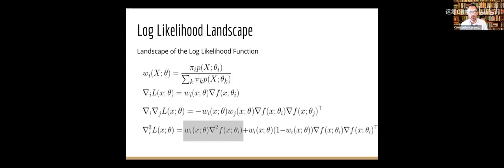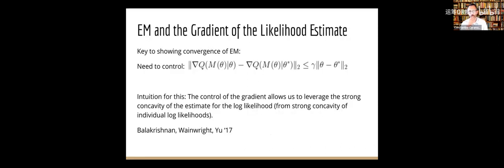So we should expect to see things on the diagonal that look like weights times the Hessian of the individual f of a particular distribution i, and then in the off diagonal we'll have these other blocks that combine the gradient of f for model i and the gradient of the likelihood for model j. So these are the components that make up the Hessian.